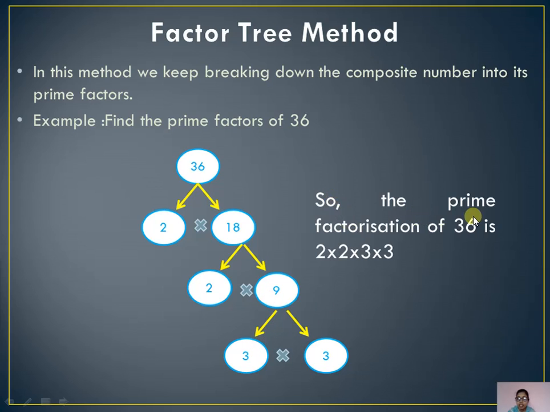So the numbers 2, 2, 3 and 3 are prime factors. So the prime factorization of 36 is 2 multiplied by 2 multiplied by 3 multiplied by 3.